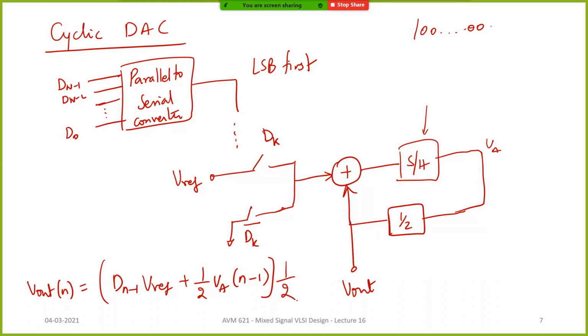Whatever was there earlier, Va of n-1, the previous value, plus the incoming bit, divided by 2 will be the output. All right. So now here, of course, n is, so how many cycles will it take for this to fully converge?